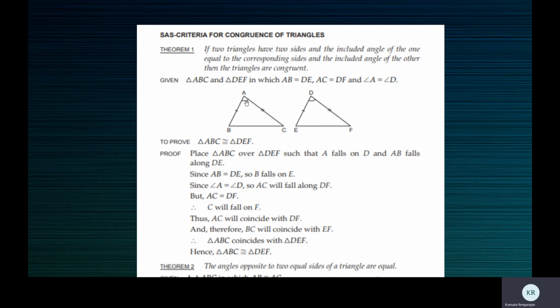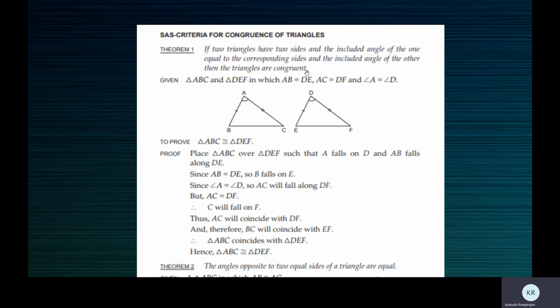These two sides include angle A. That is, these two sides contain angle A. Similarly, the sides DE and DF of triangle DEF contain angle D, or include angle D. Angle A is the angle included by the sides AB and AC. Angle D is the angle included by the sides DE and DF.